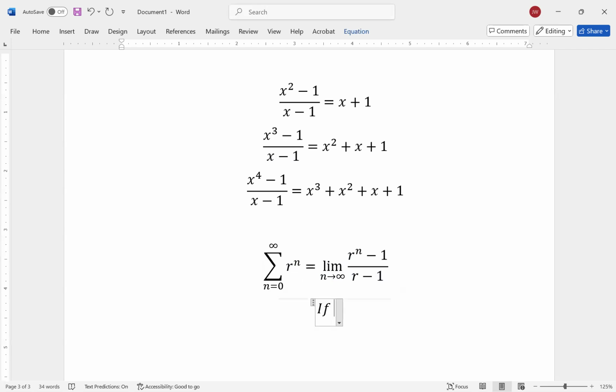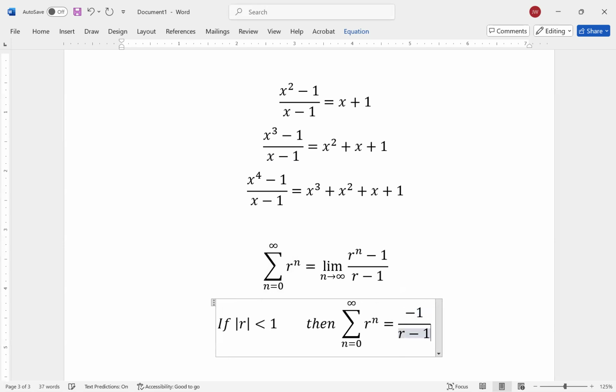So if the absolute value of r is less than 1, then r to the nth power is going to go to 0. So this summation is going to be equal to 0 minus 1 over r minus 1.